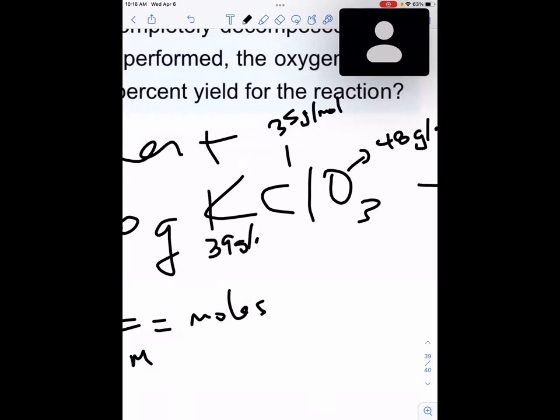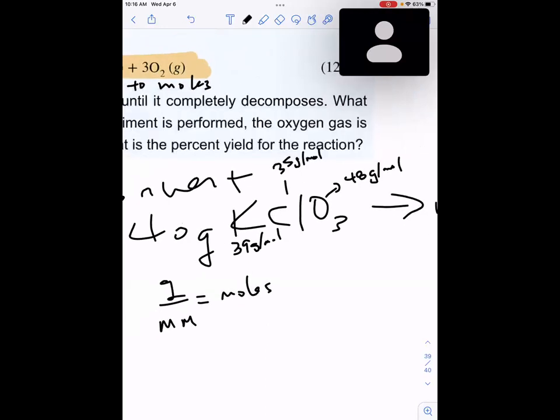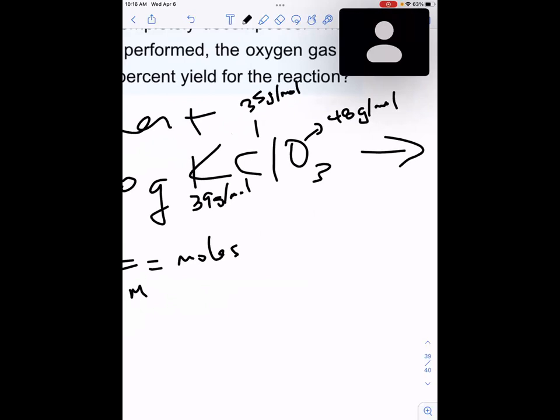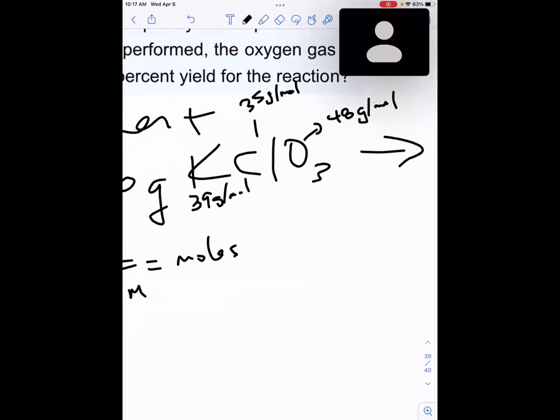So that's 83 and 39. What is that, 112 or 122?